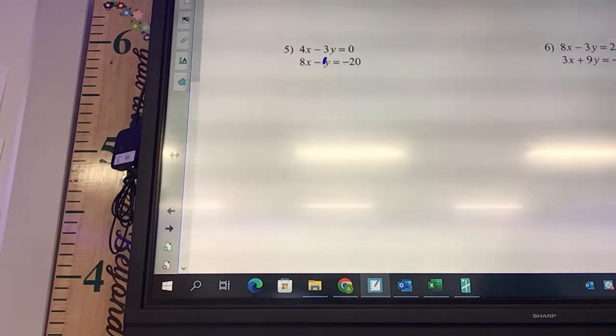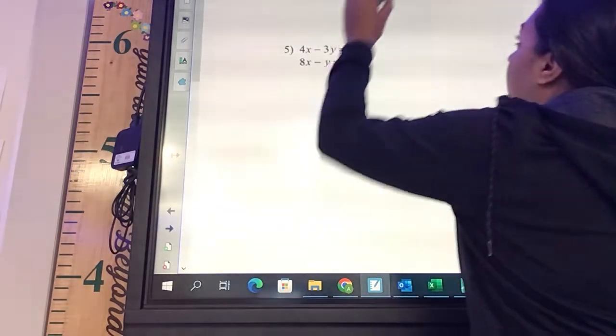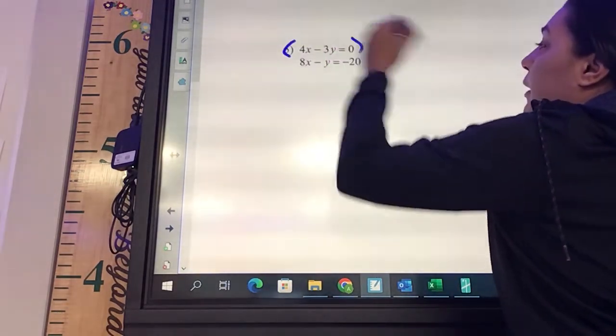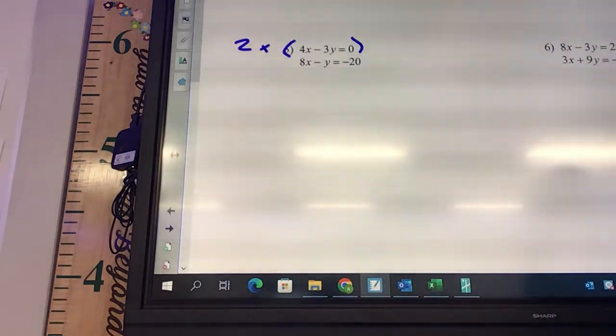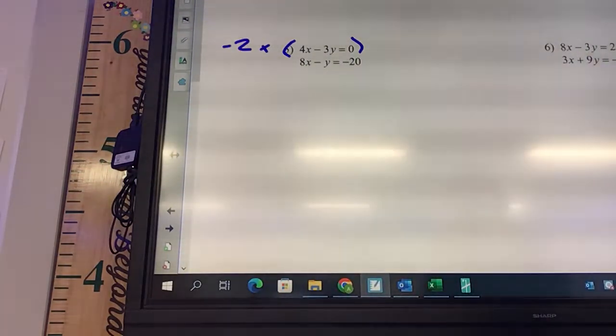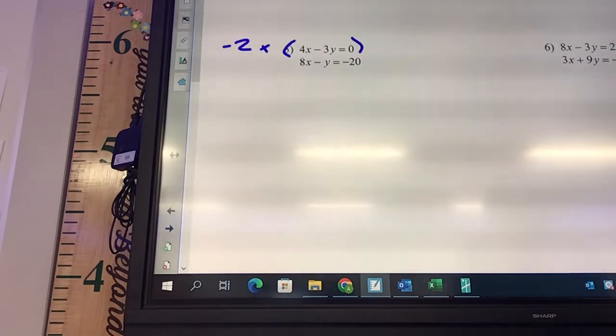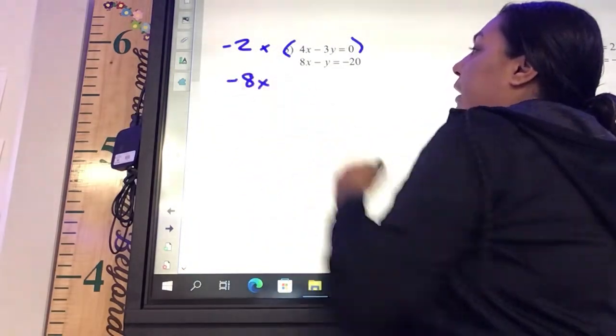Okay, so we're going to multiply our top equation by what number? 2. Does it need to be a negative? Yes. Well, you started second guessing yourself. Okay, so negative 2 times 4, I mean negative 8x.